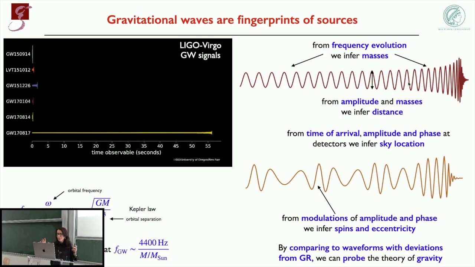Finally, now that we have many waveforms in general relativity, some groups have started also to build waveforms in so-called alternatives to general relativity. And so one can do this kind of test to understand if general relativity is the theory of gravity in the strong field and high velocity regime.